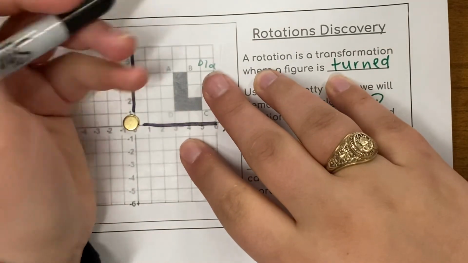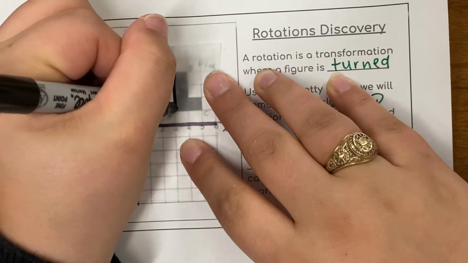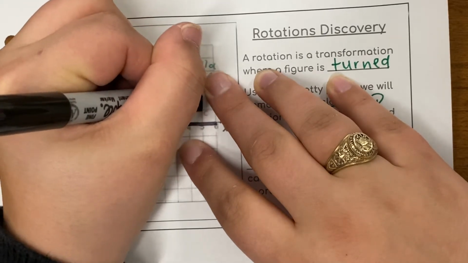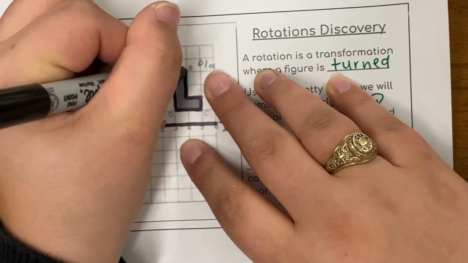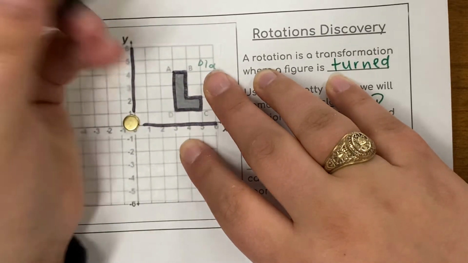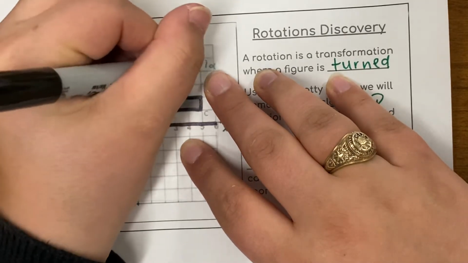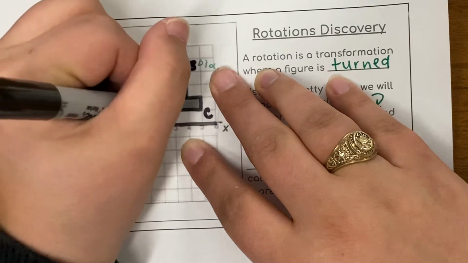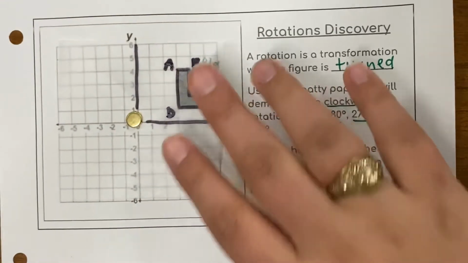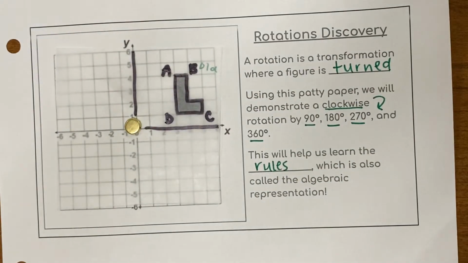Then I'm going to trace my shape onto my patty paper, and make sure I label my points. So now that I have done that, I'm ready to rotate.